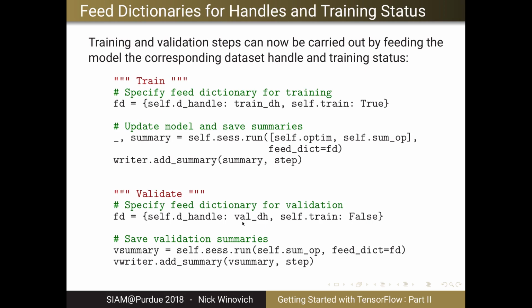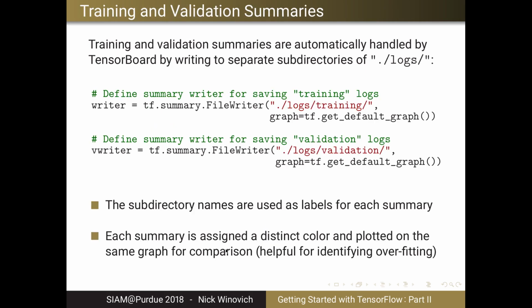In terms of summaries for using a different data set, you typically just do this by hand, but it's not too hard. We just define one writer for the training set and one writer for the validation set, and we can put those in subdirectories of the logs folder or whatever directory you placed it in, and those subdirectory names will be used as the labels on the TensorBoard visualization.